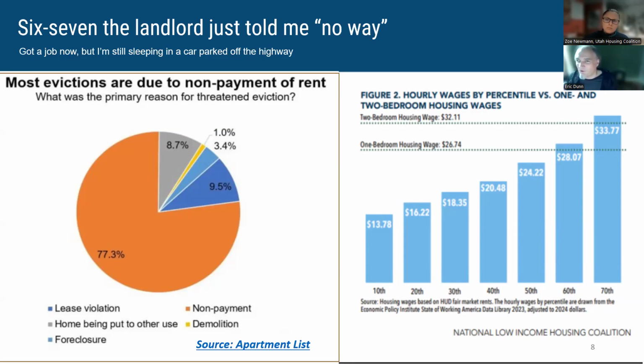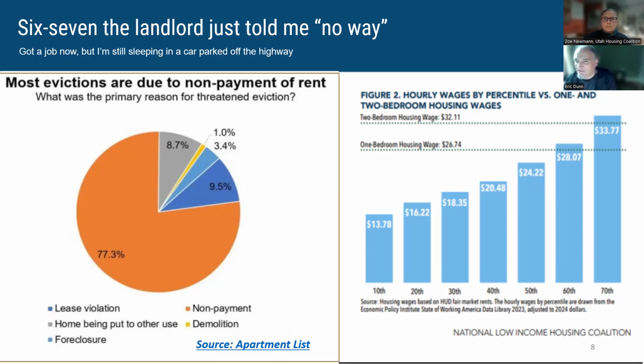Like their motivation is that the person hasn't paid rent consistently on time, even though technically it's not a non-payment eviction. So there's some uncertainty around the actual percentage, and of course this is just one sample. But it's the large majority of evictions are for non-payment of rent. And that's usually a financial problem.